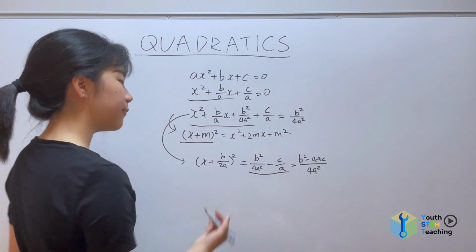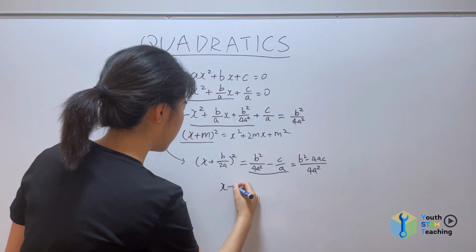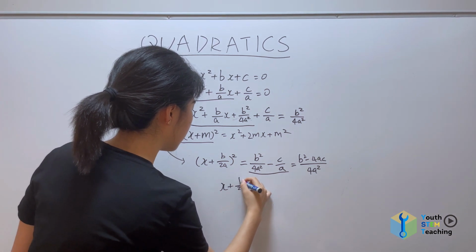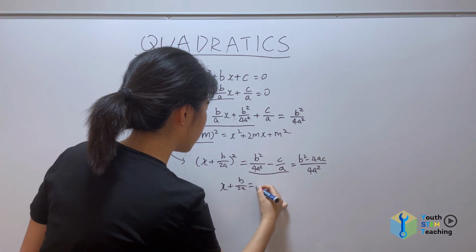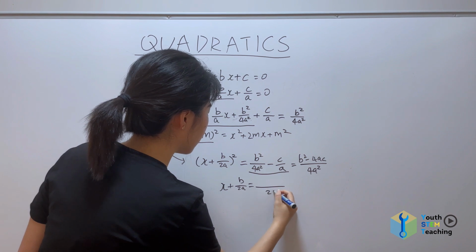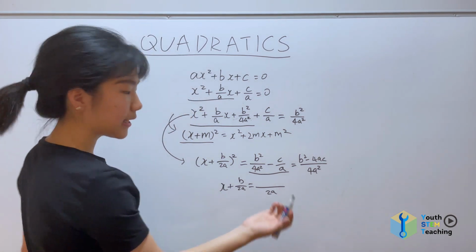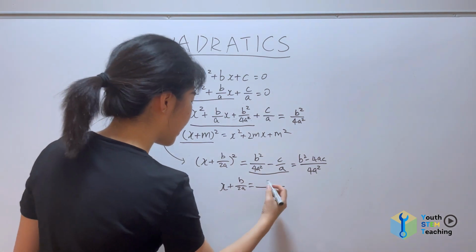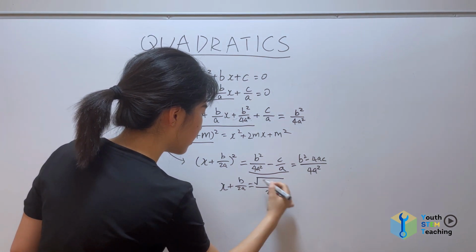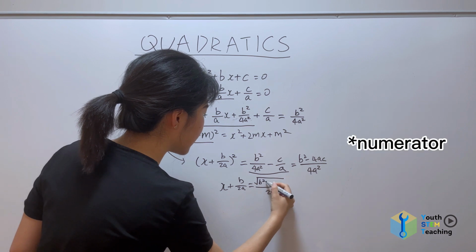So we can square root both sides now. After square rooting 4a squared, we can directly get 2a. And then the denominator part would be like this.